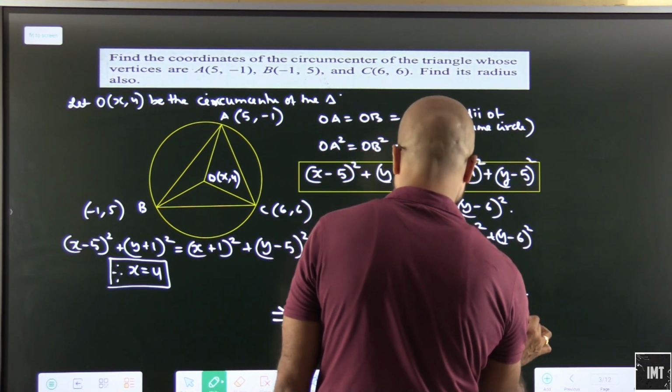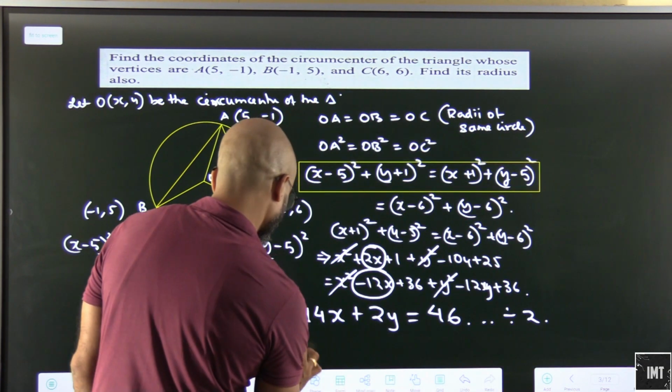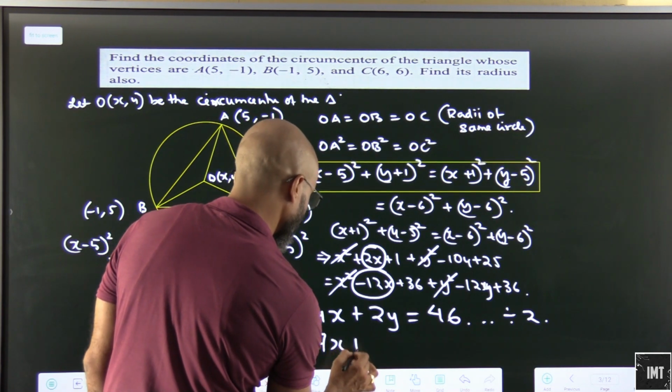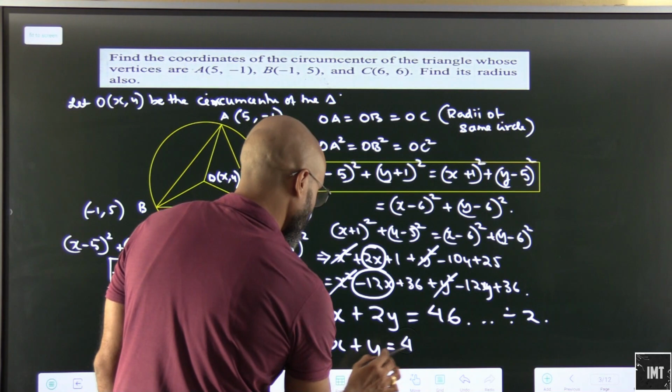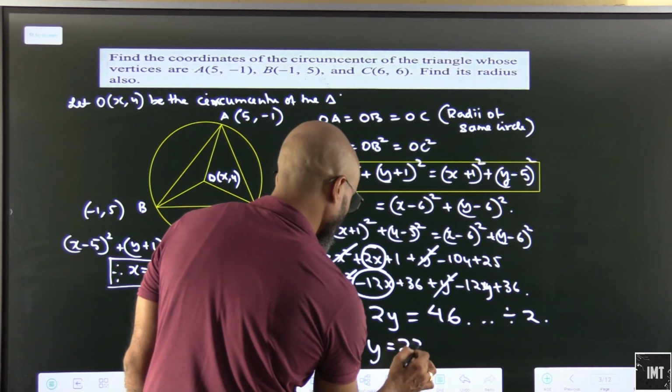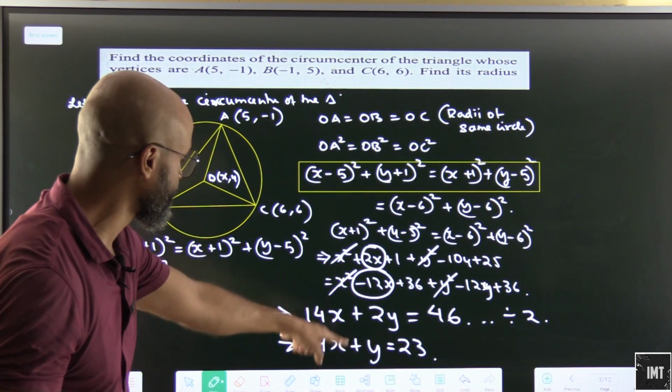So divided by 2 we get 7x plus y is equal to 23. And we have here x is equal to y.